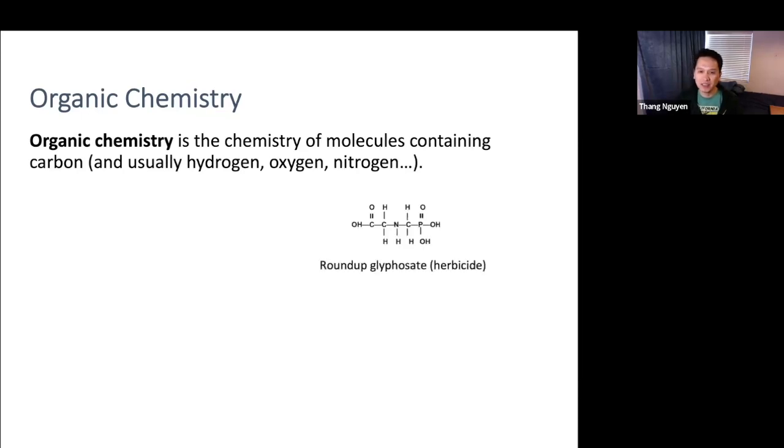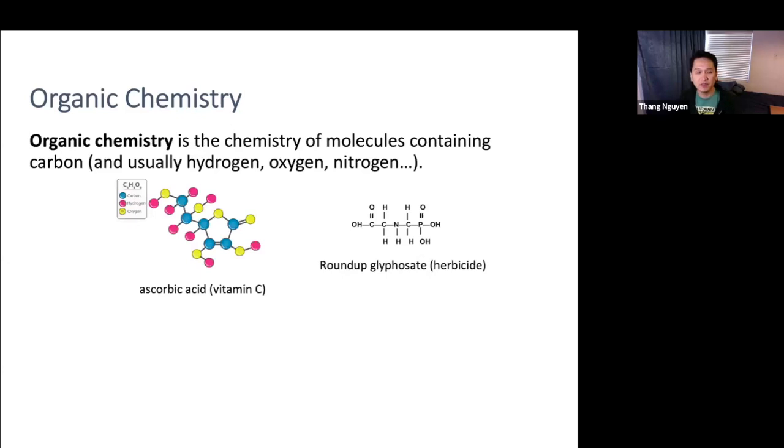Taking a look at glyphosate, we see that it indeed has many carbons in it, so it is considered an organic compound. That's the difference between our everyday usage of the word organic, whereas in chemistry, it's very specific to saying something that has carbon in it.